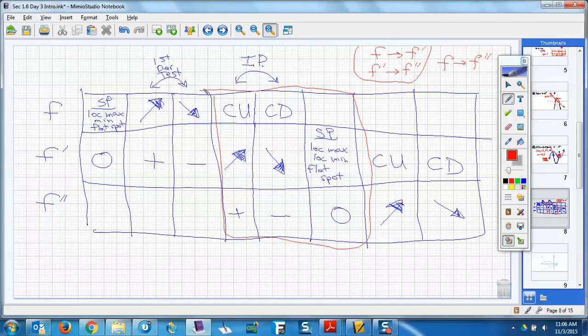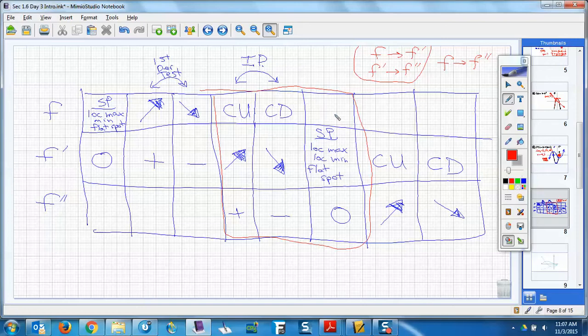And then, what about the 0? Almost. When did we have an inflection point? When f changes concavity. That happens when f prime goes from up to down or down to up, right? Which are what? Local maxes and local mins.